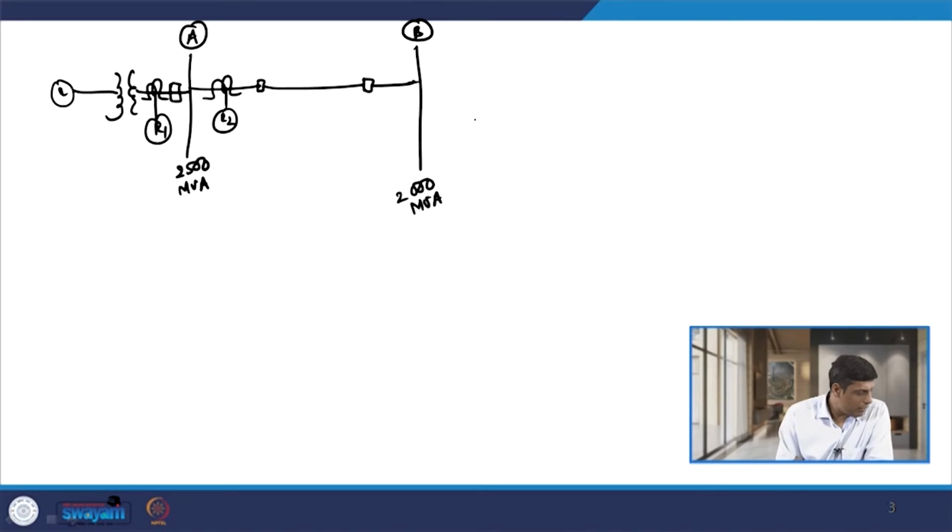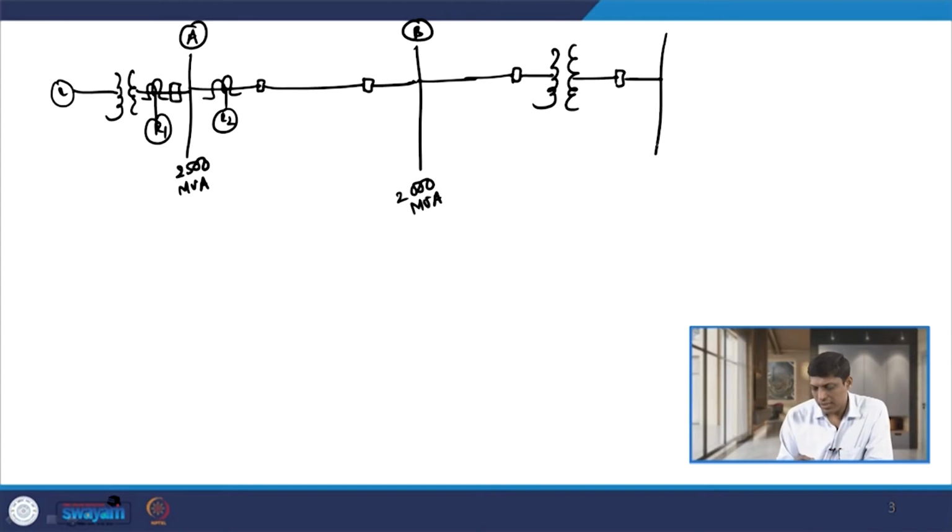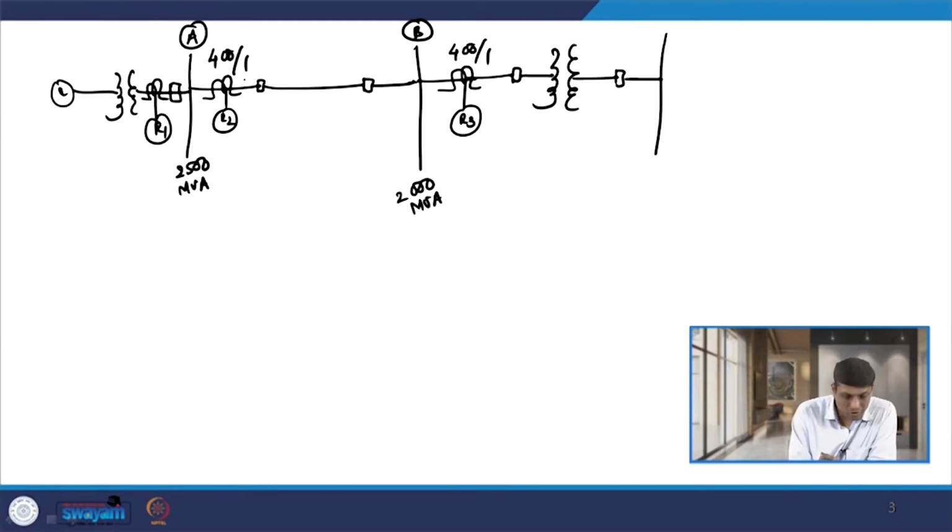And then we have another feeder connected to the transformer here, and then we have another bus. One relay is connected here, let us say R3, and its CT ratio is 400 by 1. The CT ratio of R2 is also 400/1 ampere, and the CT ratio of R1 is 1000 by 1 ampere.